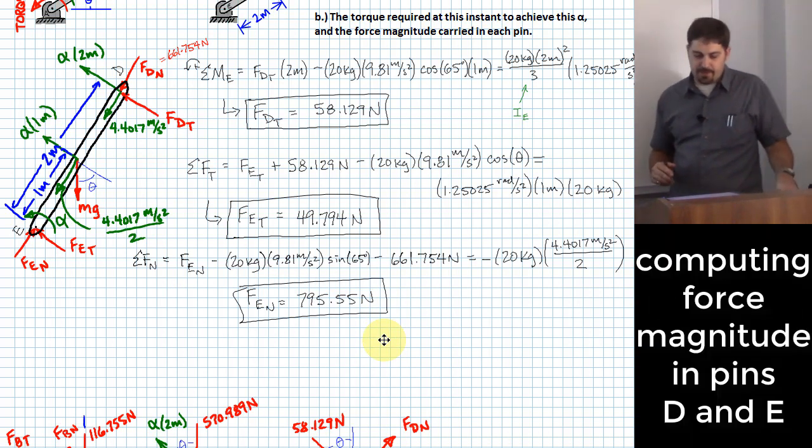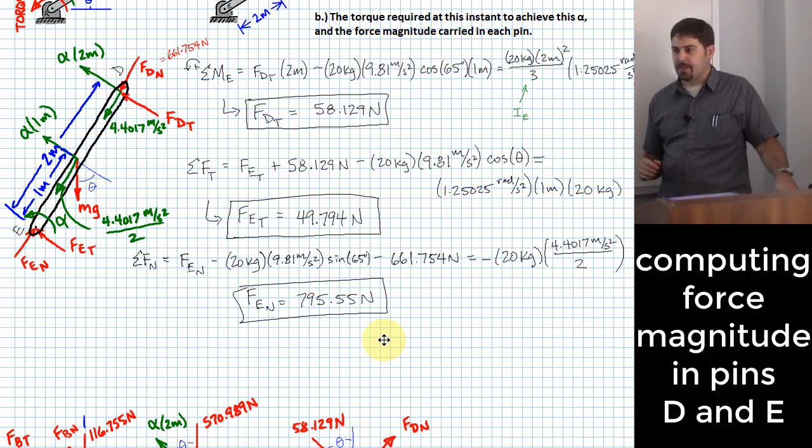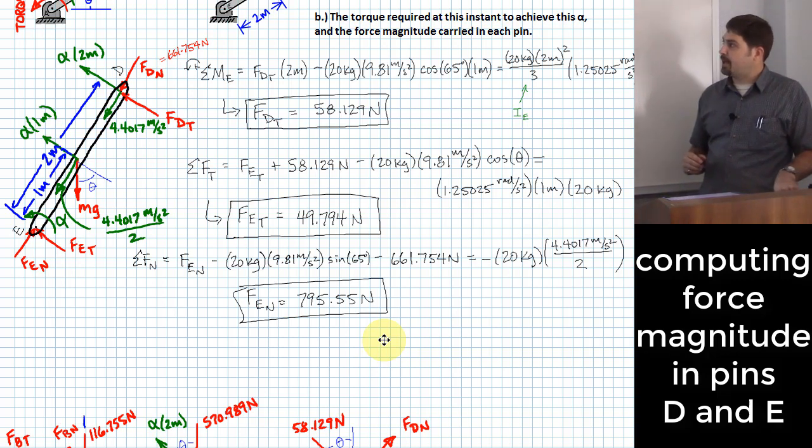We actually have enough information now to solve for a couple of things. Remember, what we're trying to figure out is force in pins, force magnitude carried in each pin.